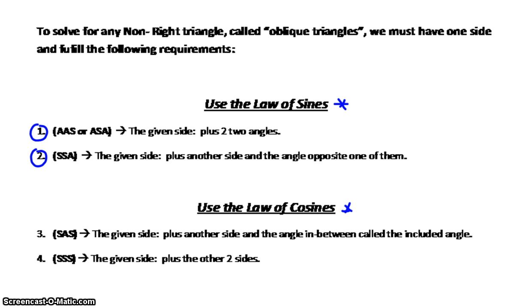This would be angle, angle, side, and this would be angle, side, angle, meaning the side falls in between the two given angles, and that's when we're going to use law of sines. Likewise, when we have a side and then an angle, which means these two match up, so if I'm given the measure of angle A, I'll also have the side a.